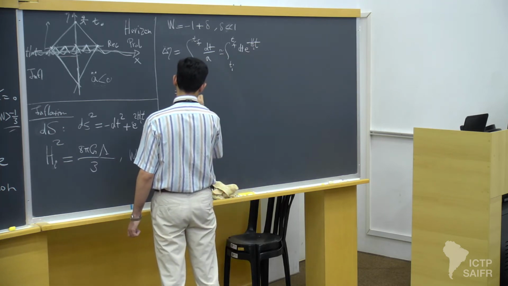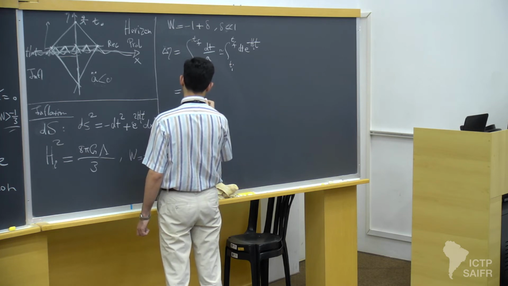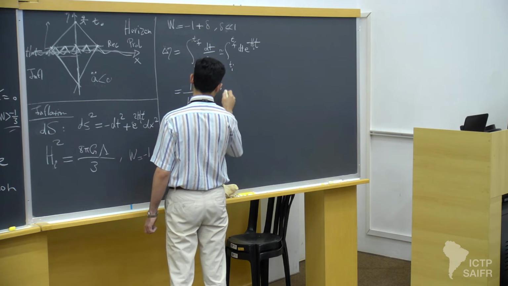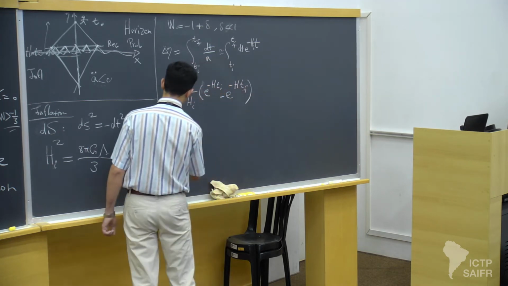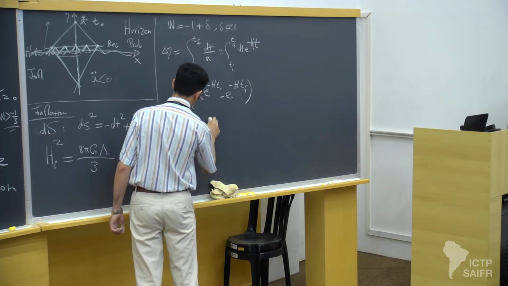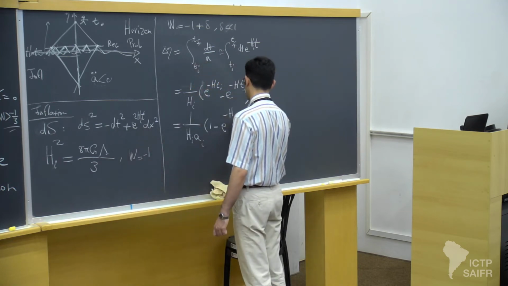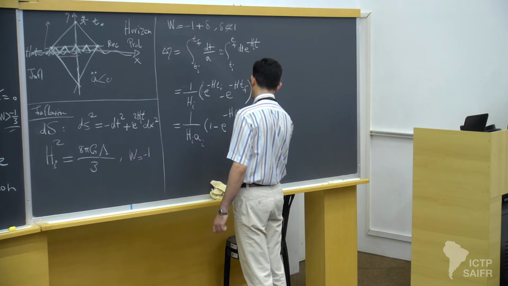So I get 1 over Hi times e to the minus Hti minus e to the minus Htf, which I can write as 1 over Hi ai times 1 minus e to the minus H times (tf minus ti).